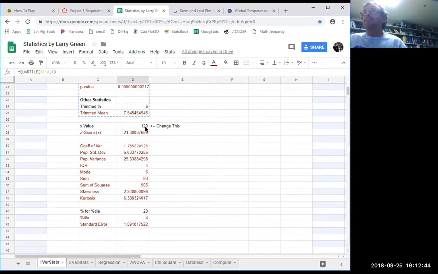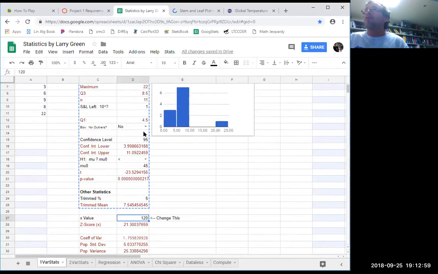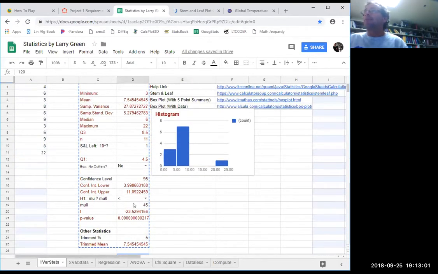Do you see where it says change this? If you do a Z-score with X being 120, you didn't change that number. Okay? You should do a Z-score for an X value that makes sense for your data. So for example, my minimum was 3.